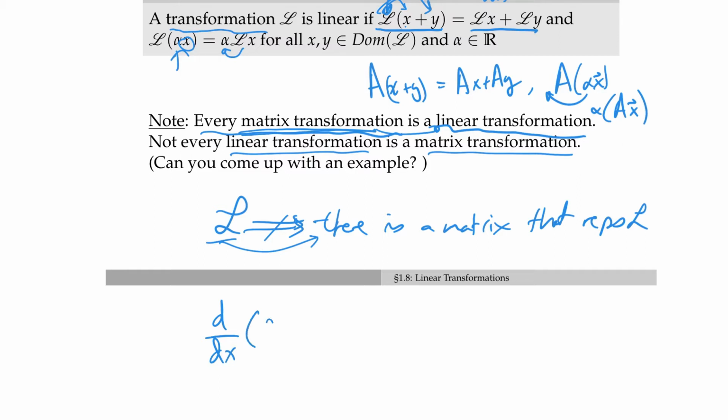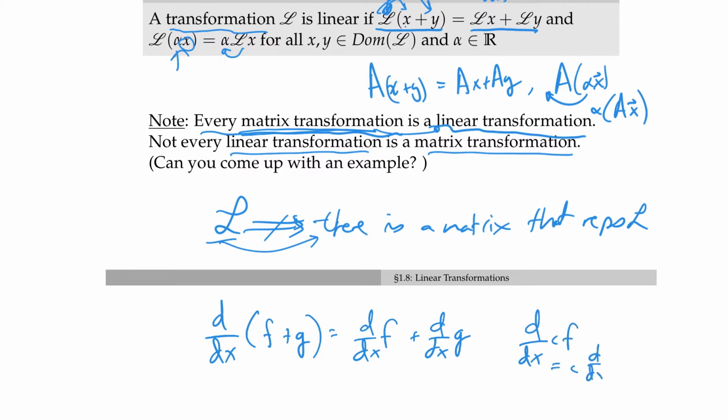If I take the derivative of a sum of functions, well, is that the same thing as the sum of the derivatives? And we also know and love the old constant rule. So if I had cf, well, that's c times the derivative of f. And you can probably guess that the integral is another linear transformation.